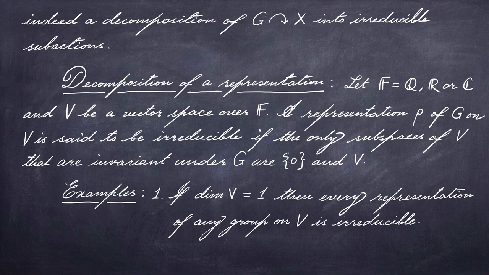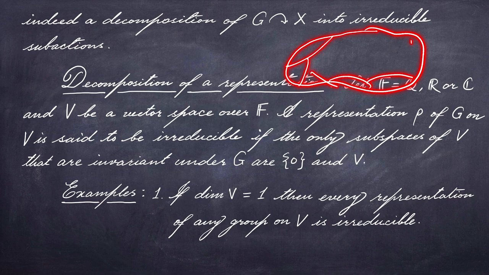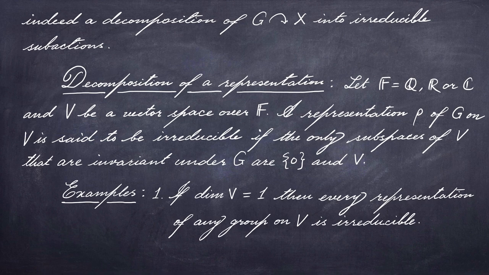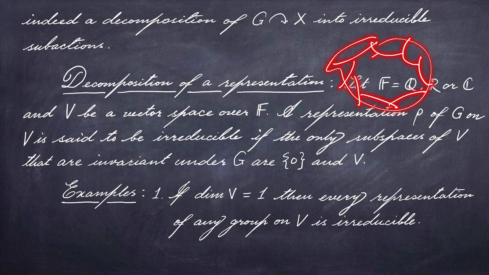So similarly, for a general action, when we talk about its decomposition, we can just take a partition into G invariant subsets, but certainly that's not a good choice when we are dealing with a representation.